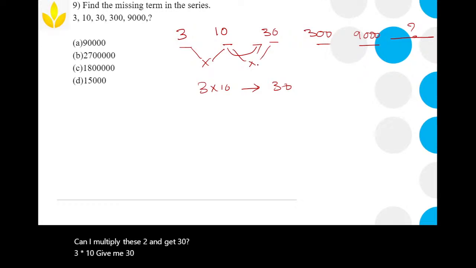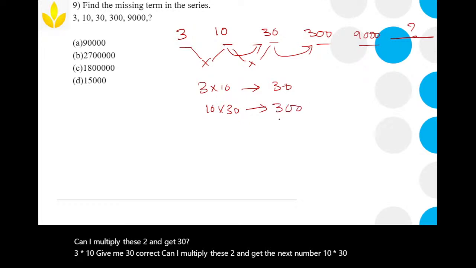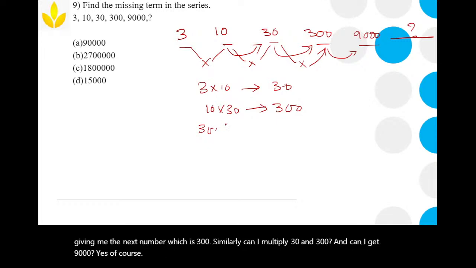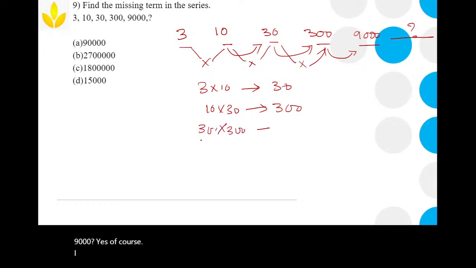Can I multiply these two and get the next number? 10 into 30 gives me the next number, which is 300. Similarly, can I multiply 30 and 300 and get 9000? Yes, of course. 3 into 3, 9, and there are 3 zeros. So 9000.